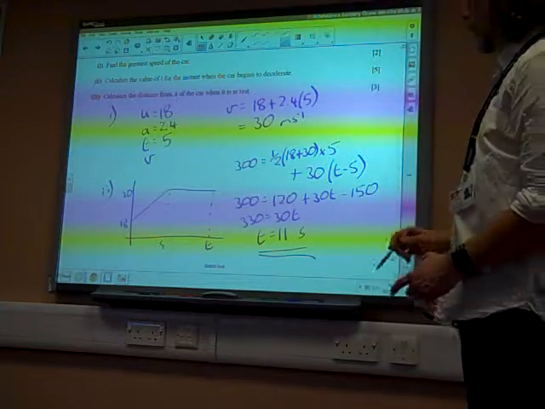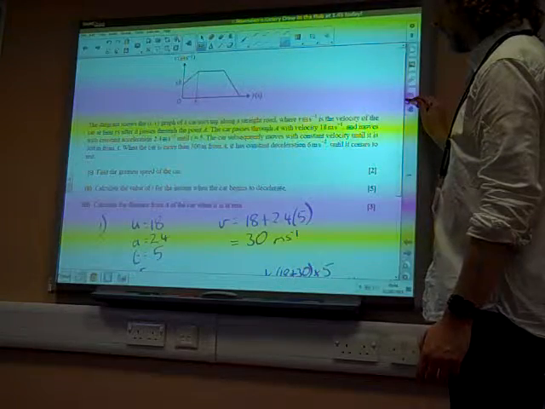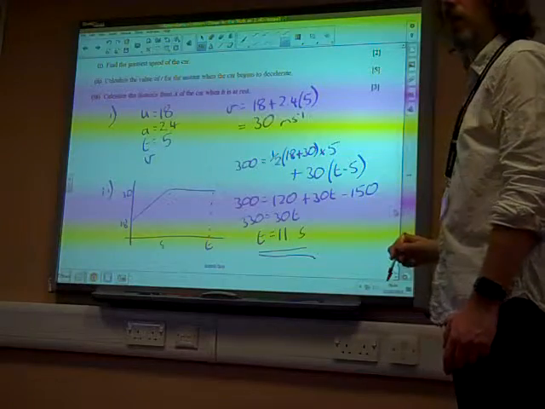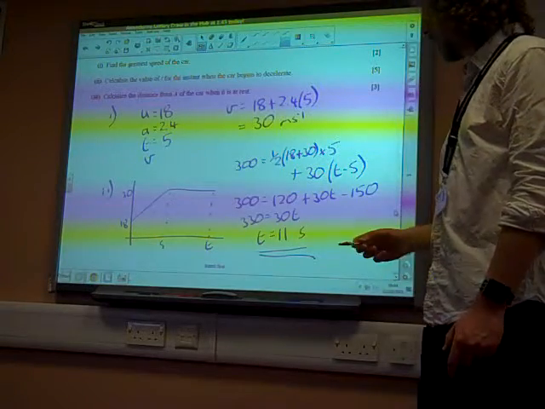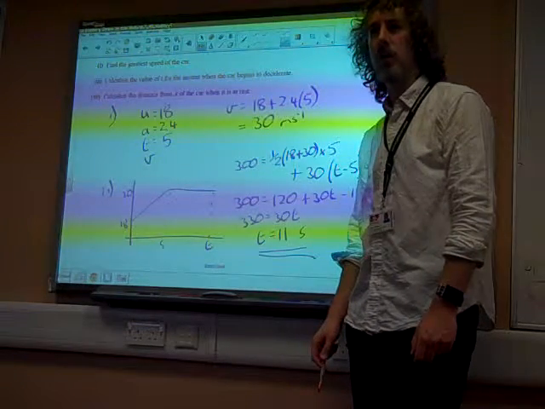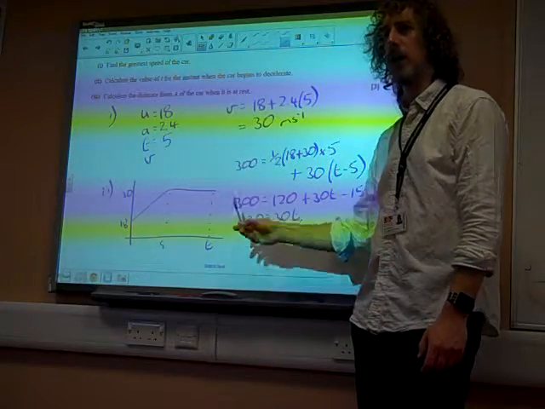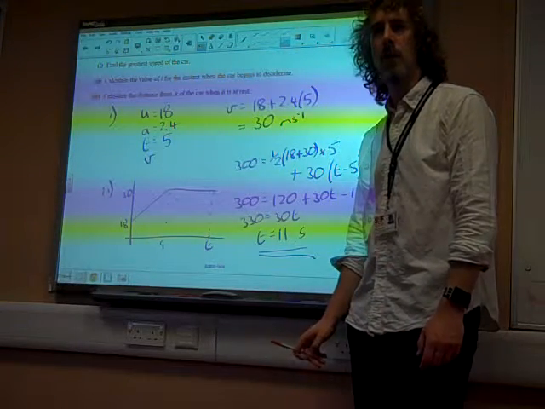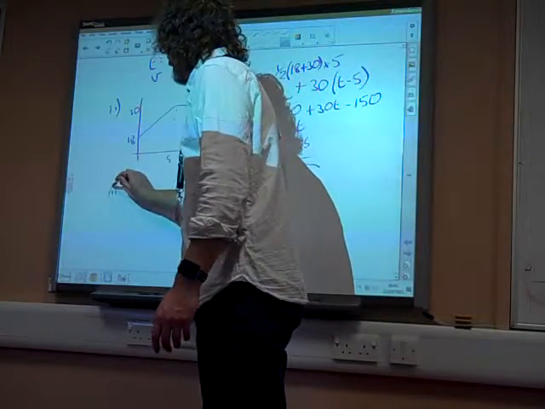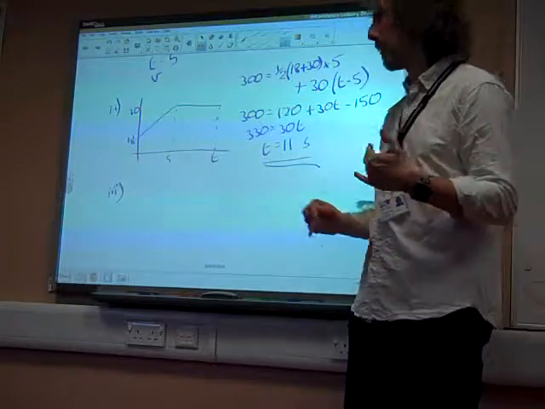Calculate the distance from A of the car when it is at rest. Okay? Well, actually, if we think about what's going on here, we know that at this point it's gone 300 metres. So actually all we're really interested in is what distance does it cover in the time that it's decelerating. So I think we can afford to go back to equations of constant accelerated motion now and say in the final little bit of motion, what do we know?